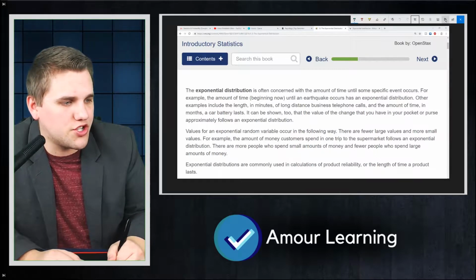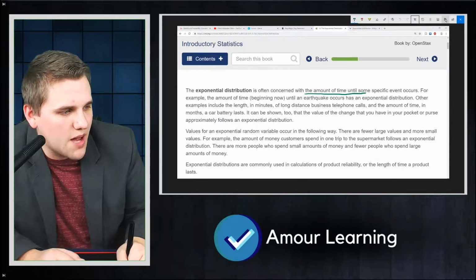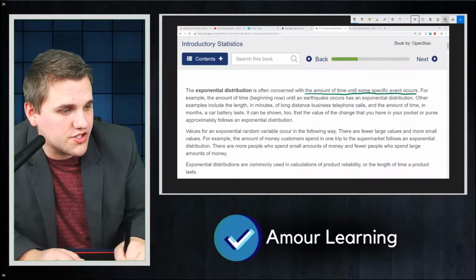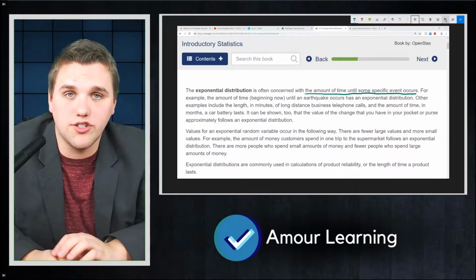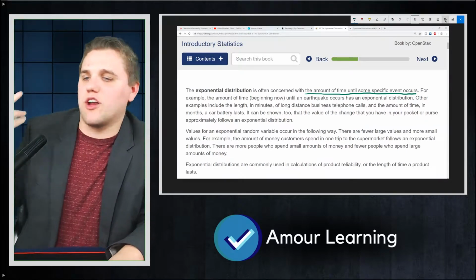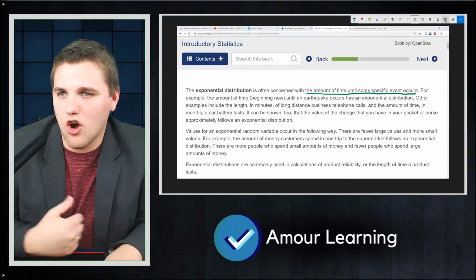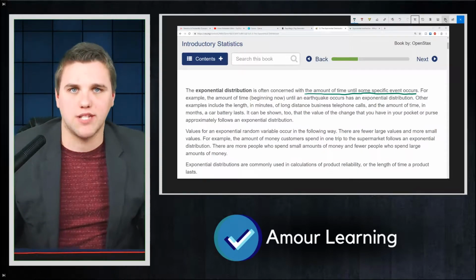The exponential distribution is often concerned with the amount of time until some specific event occurs. For example, the amount of time beginning now until an earthquake occurs has an exponential distribution. Consider, for example, you're in California. Earthquakes happen all the time, but no one knows when they're going to happen. They could happen at any random time.